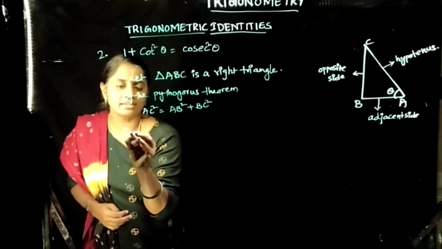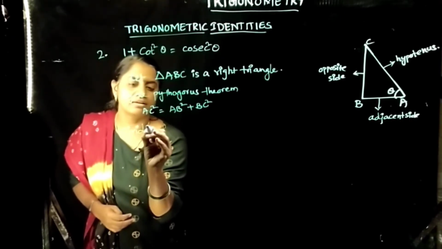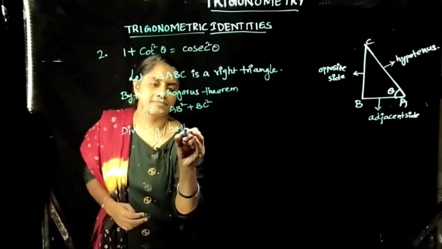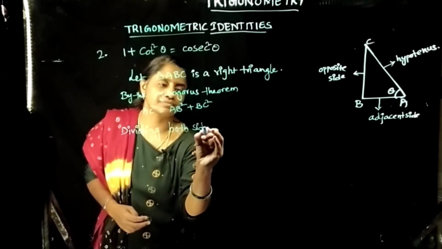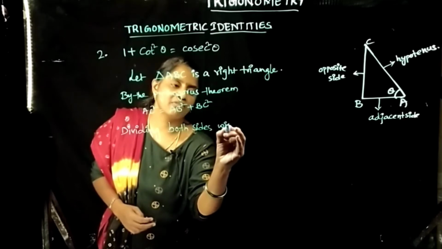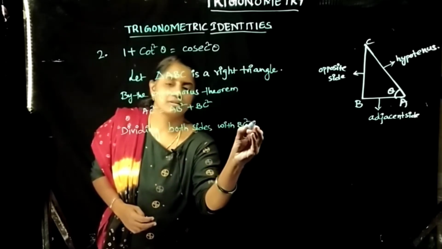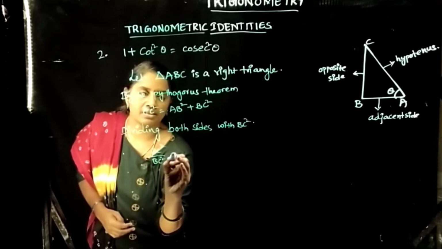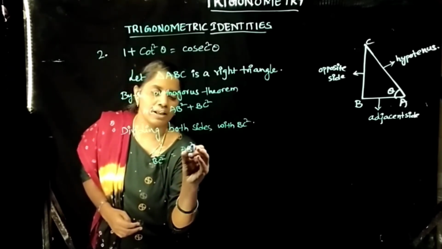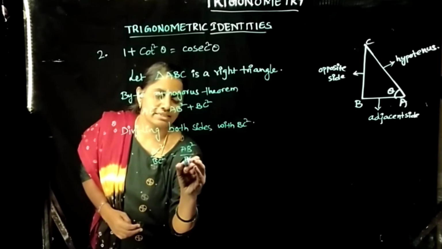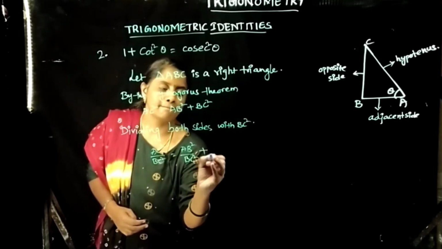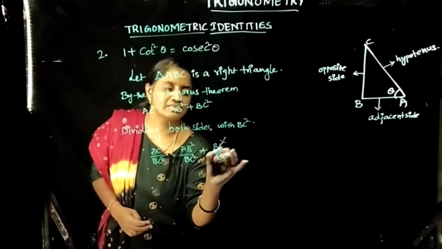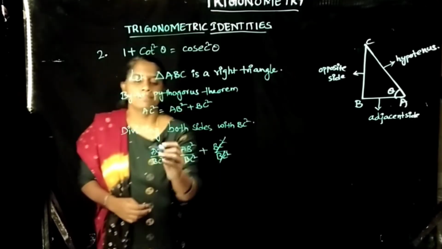Now dividing LHS and RHS both sides by BC square, AC square by BC square is equal to AB square by BC square plus BC square by BC square. Here BC square both are cancelled.